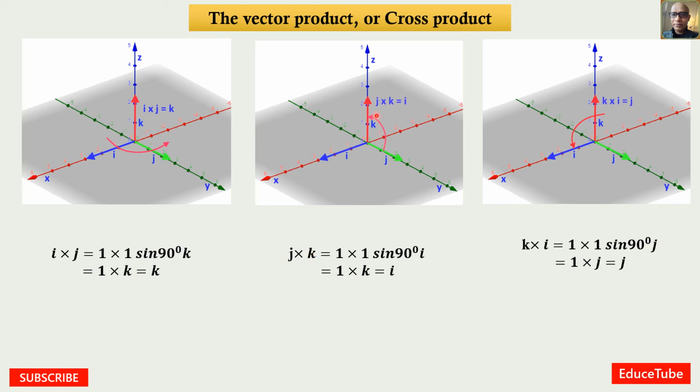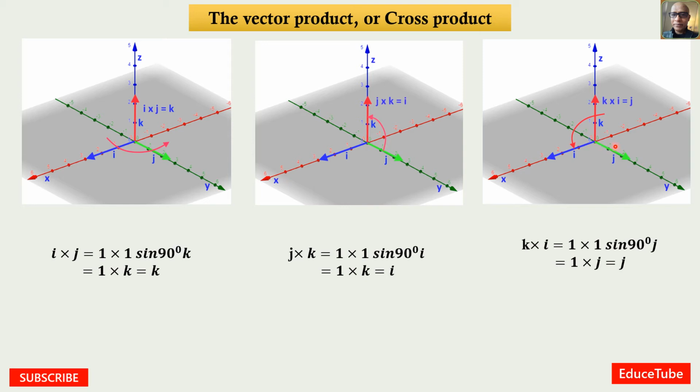Again, here there is 90 degrees between j and k. So if we multiply j cross k, it will be 1 into 1 sine 90, and i will be perpendicular to this, because for both j and k, i is perpendicular. For k and i, j is perpendicular.